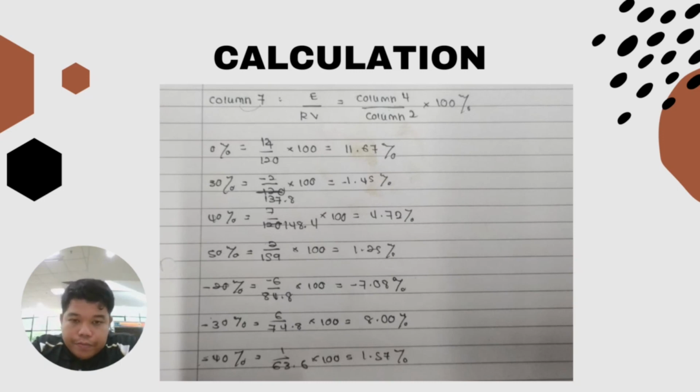You can see the values start with 11.67%, -1.5%, 4.72%, 1.25%, -7.08%, 8%, and 1.57%. So that's all from me in calculation.